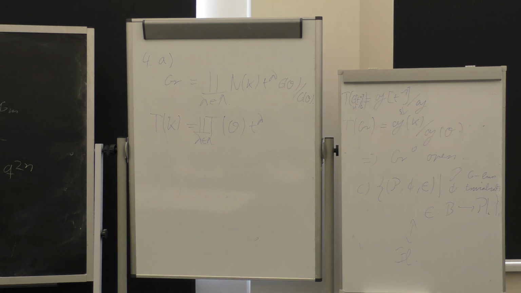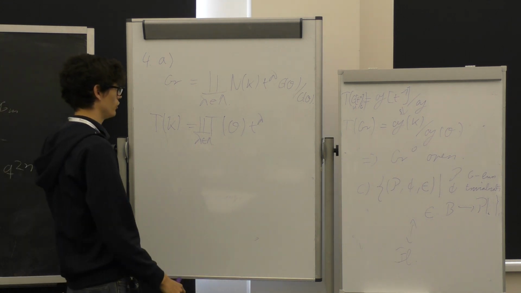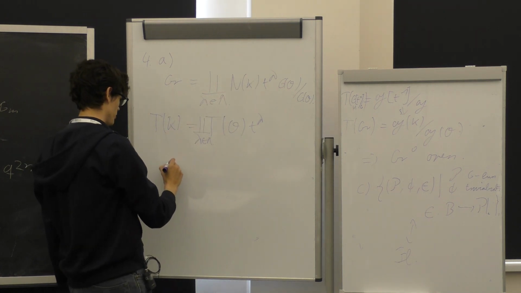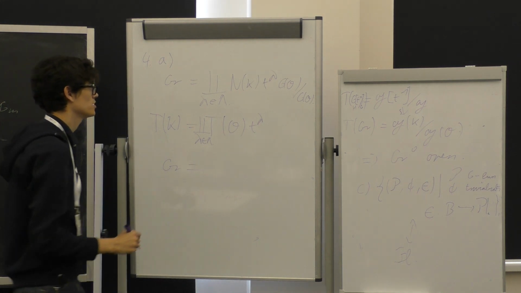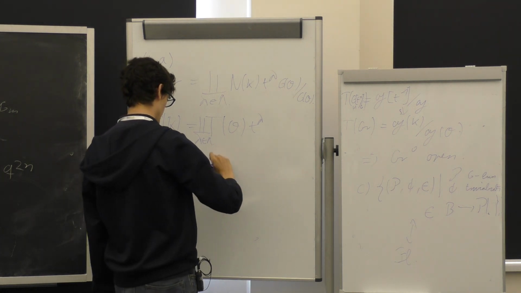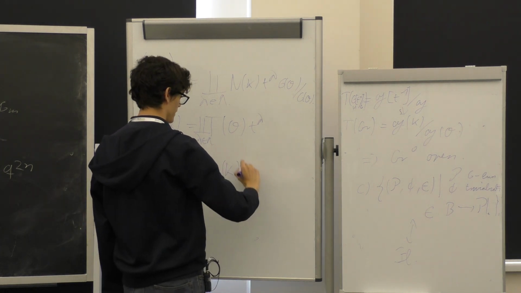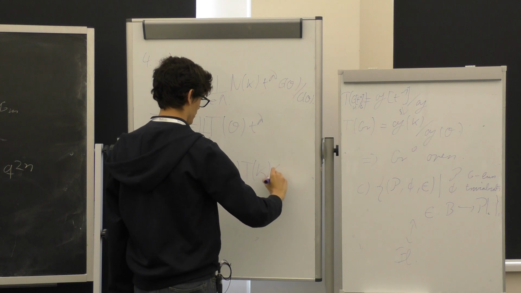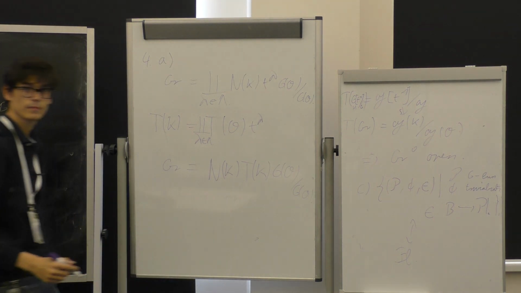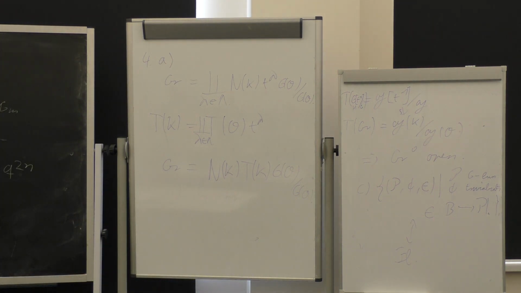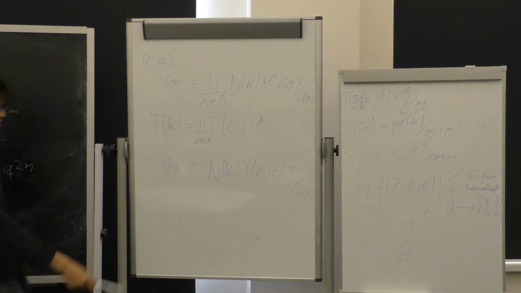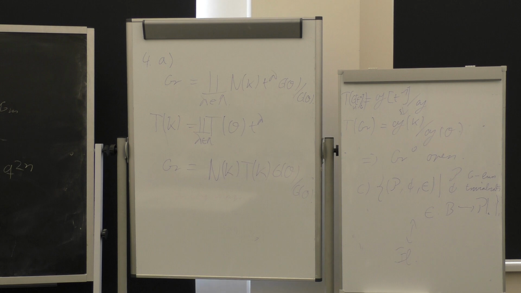So in other words, this statement here is basically equivalent to saying that it is equal to N(K) times T(K) times G(O). Because this T(O) comes from here, and these t^lambda come from here, so we can form a T(K).